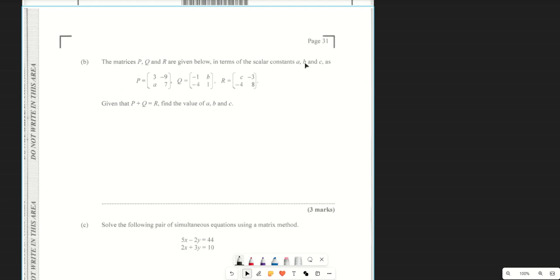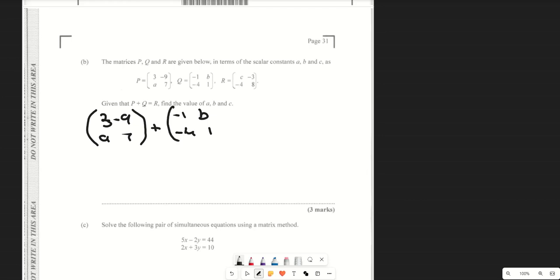In terms of scalar constants A, B, and C. So they told you what A, what is B, and what is C. Given that P, 3 minus 9, A 7, plus Q, which is minus 1, B, minus 4, 1, is equal to R, which is C, minus 3, minus 4, 8. Right? Find the values of A, B, and C.